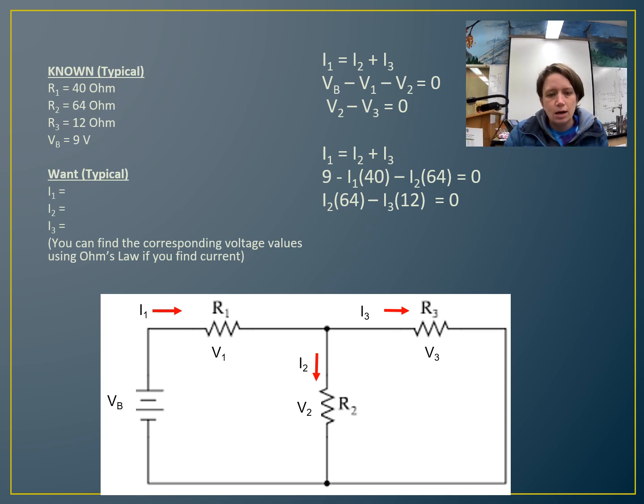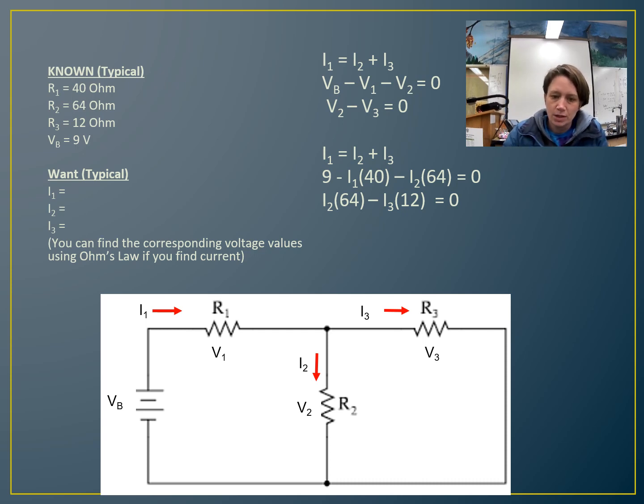I took one of the junction equations, and then 2 of the loop law equations. And for those 2 loop law equations, for V1 and V2 and V3, I substituted in I1 times R1, because I know R1, and I2 times R2, and I3 times R3. So I rewrote those equations as shown below.